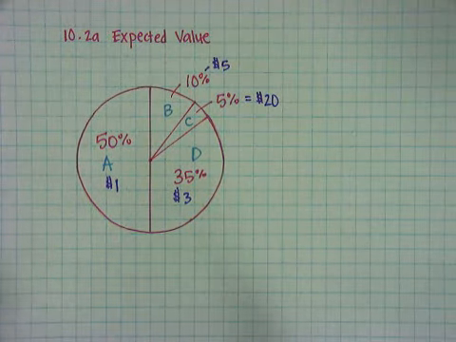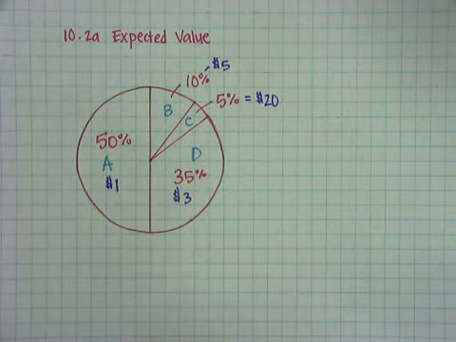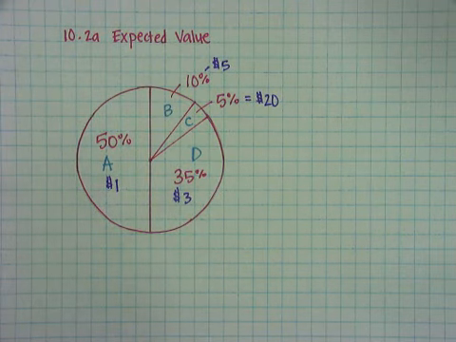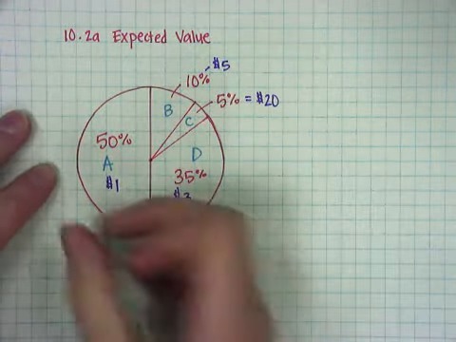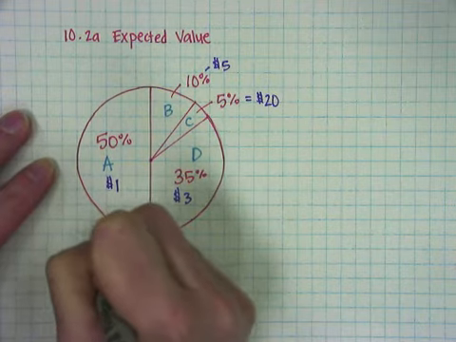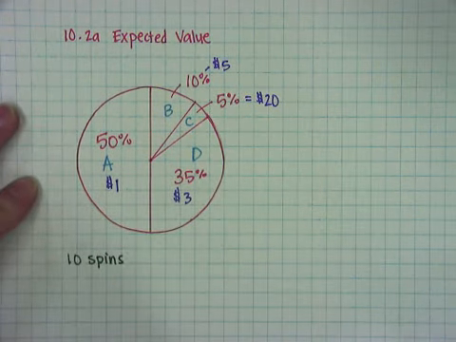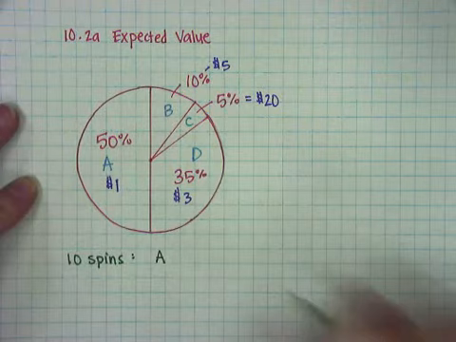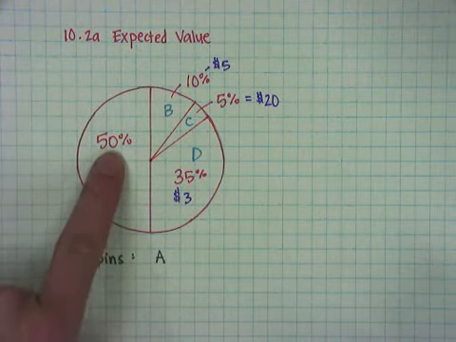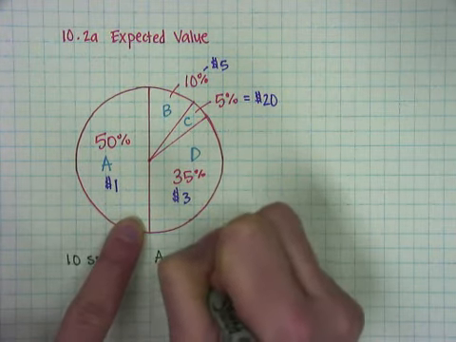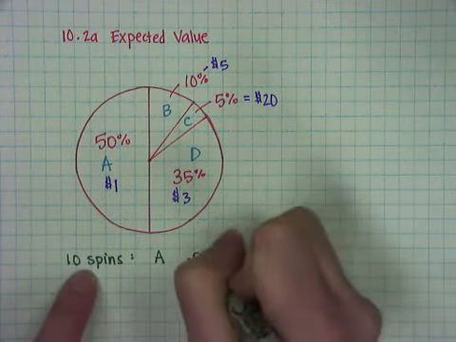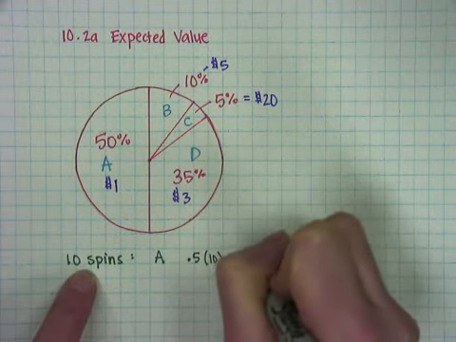Expected value is looking at the situation mathematically and figuring out how much money you would expect to make if you were to repeat this process over and over again. So if I wanted to find the expectation if I were to do 10 spins, for region A, since I expect it to happen 50% of the time because it's 50% of the circle, I would say 50% or 0.5 times the number of spins is 5.